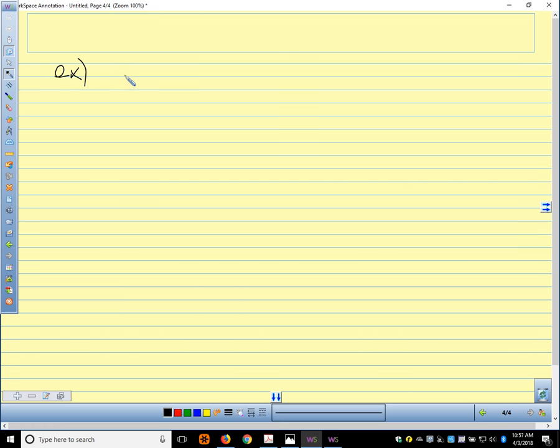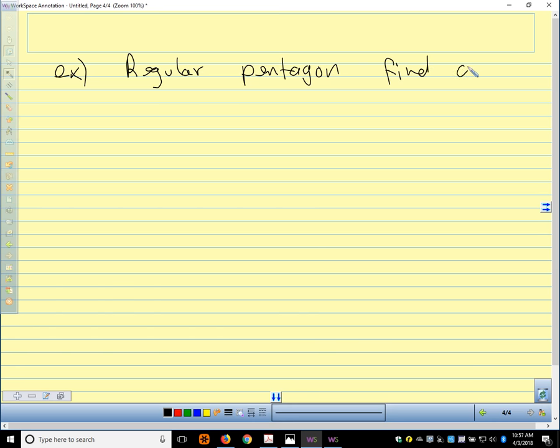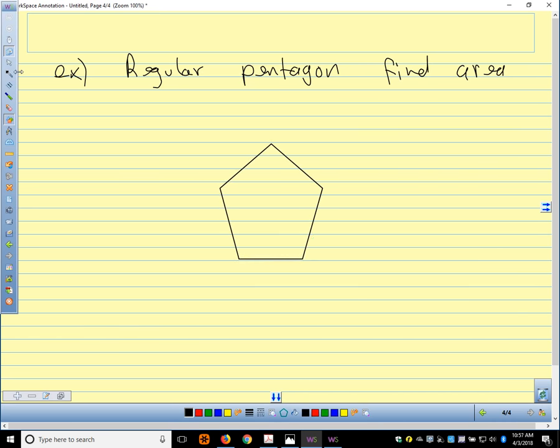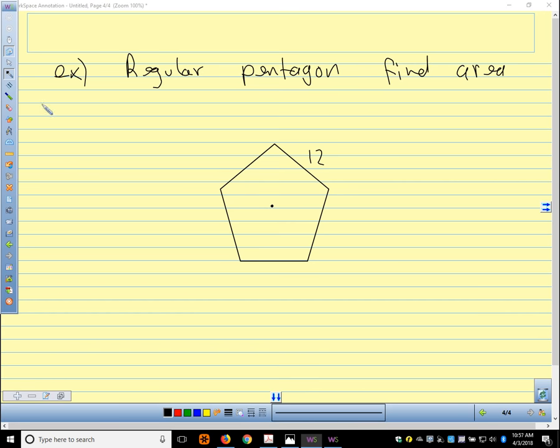So this is a regular pentagon, and we want to find the area. I'm going to say that's 12, and this is 8.